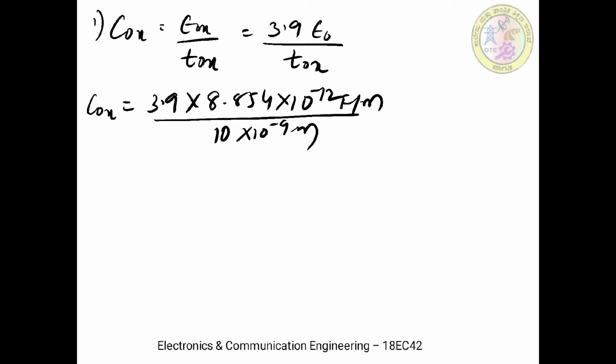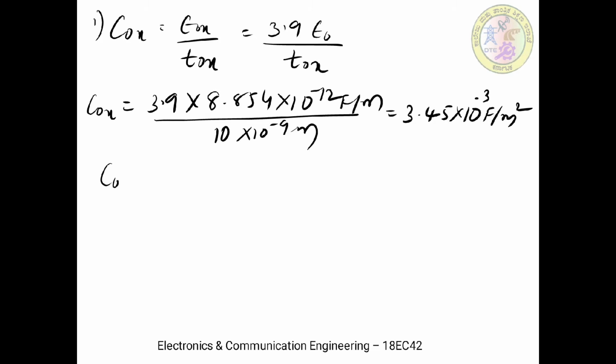So on simplification we are going to get C oxide equal to 3.45 into 10 to the power of minus 3 farad per meter square.